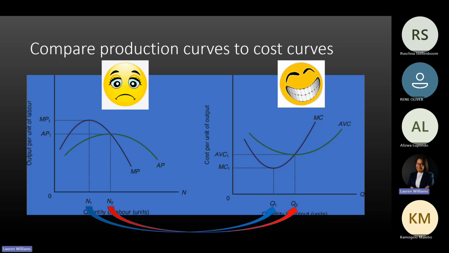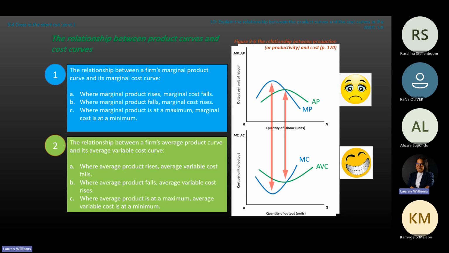So when we're talking about average product, it's at its highest point. And then when we're talking about your marginal cost, we're saying it's at its lowest point, and that's comparing the two curves. Okay.